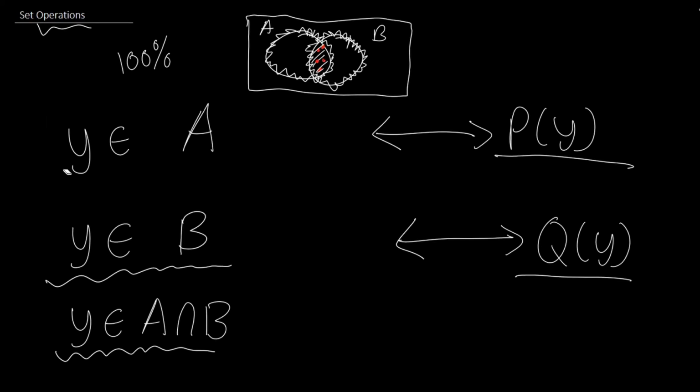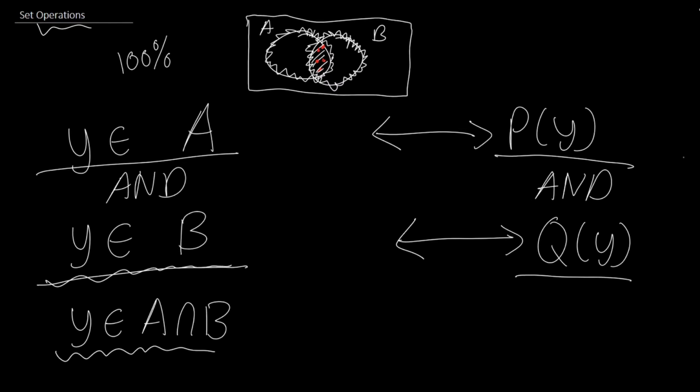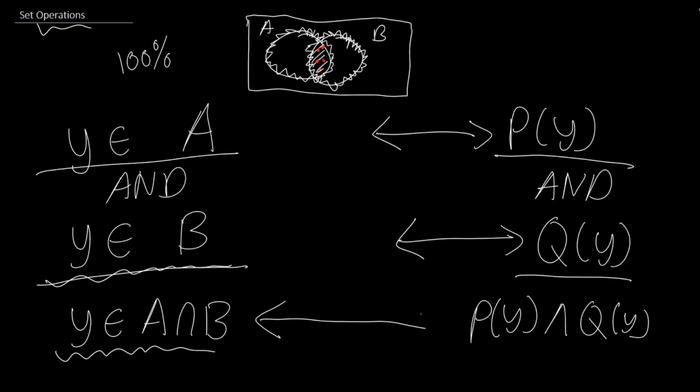Y is a part of A, and Y is a part of B. Alright, so let's do the same thing we did before. We put an AND statement over here, and we just write that down in terms of logic. So we have P of Y and Q of Y. So there we have it. That's the translation for intersection in terms of logic.